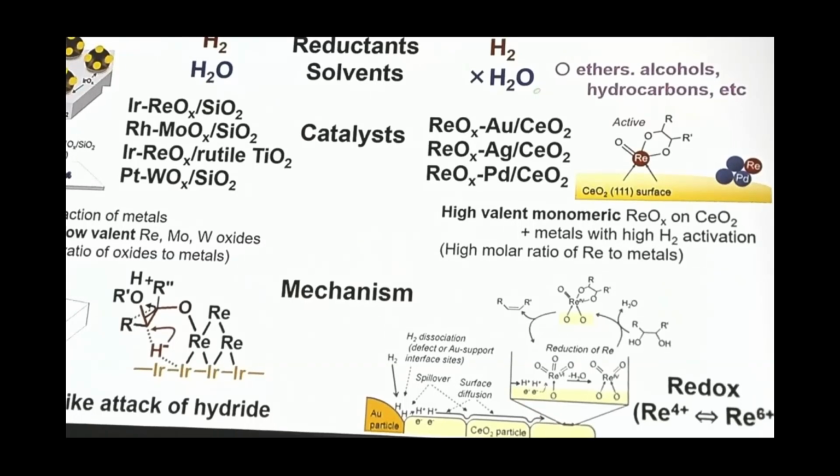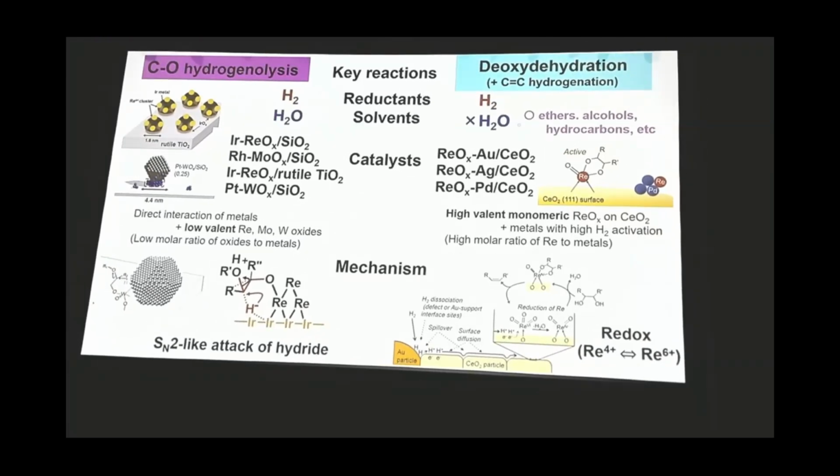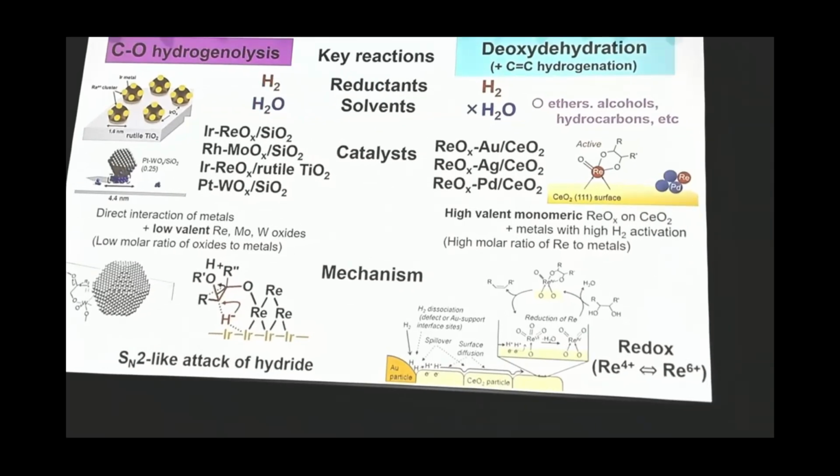On the other hand, for the homogeneous reactions, water is not a good solvent, and ethers, alcohols, in particular monoalcohols, and hydrocarbons can be used for this reaction. But water is not suitable for that reaction. We propose the active site is this kind of monomeric rhenium species supported on ceria.